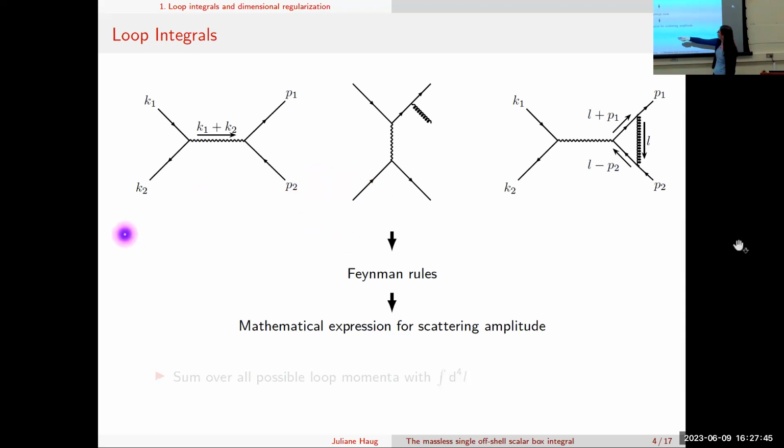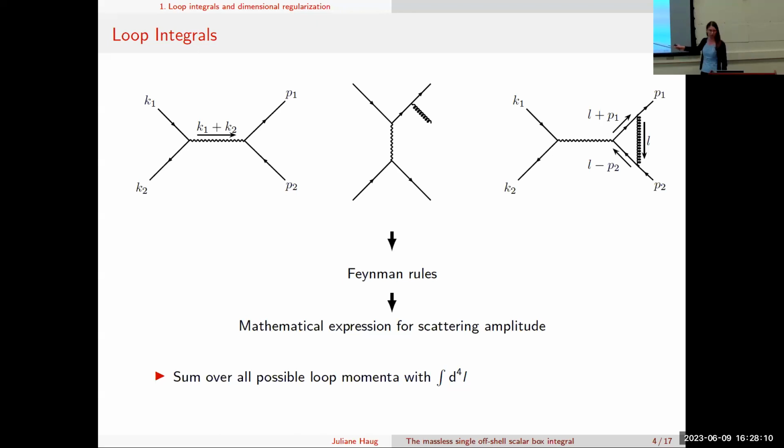So if we have momenta k1 and k2 flowing into the diagram here, then this virtual photon must have four-momentum k1 plus k2. Now, we could also have loops like this in our diagram, and momentum conservation allows for any momentum l to flow around the loop. We should take all these possibilities into account, so we sum over all possible loop momenta via this integration, and that's how we get a loop integral.